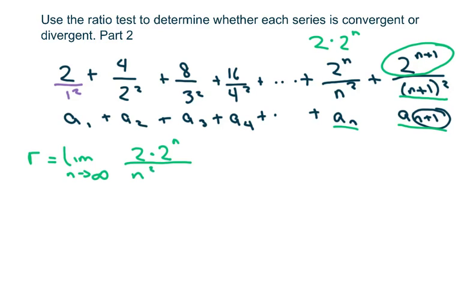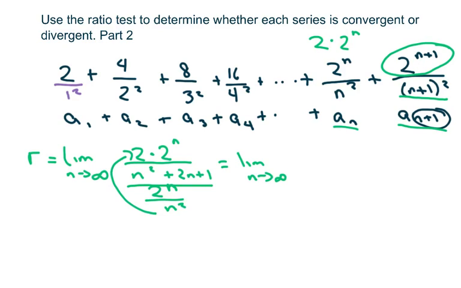N squared plus 2n plus 1 all over 2 to the nth over n squared. Now I'm going to simplify this complex rational by flipping this and multiplying, so these two get multiplied.